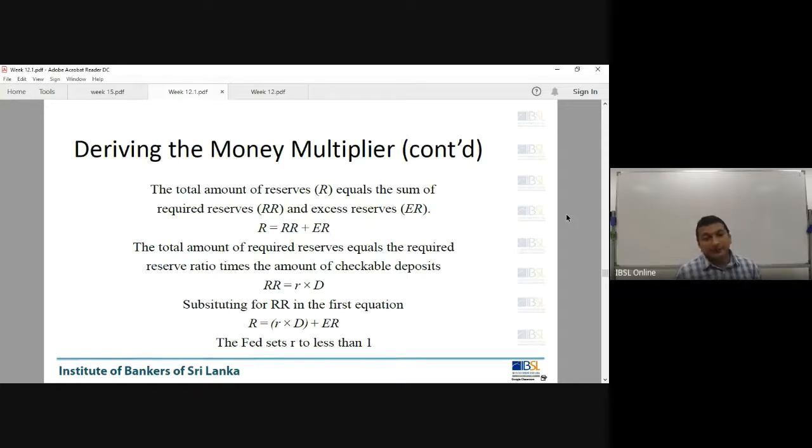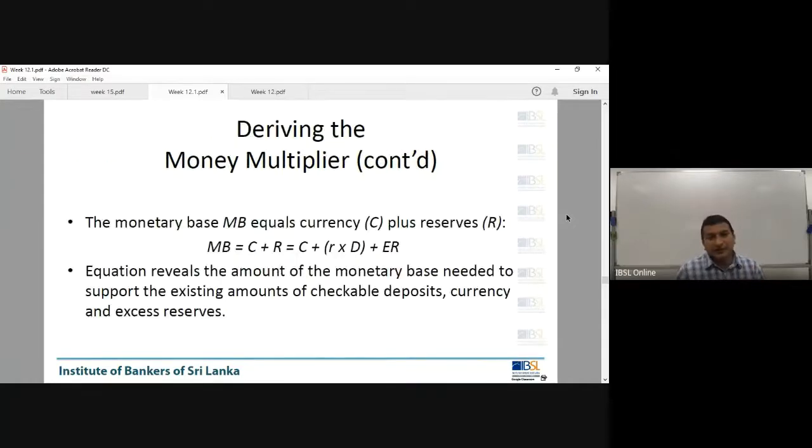So the central bank sets this required reserve ratio very close to 0, but technically less than 1. Now you know the required reserves as small r times D, and total reserves as required reserves plus excess reserves. And you then substitute this required reserve equation into the total reserve equation, and you have now got up to that stage in this multiplier exercise.